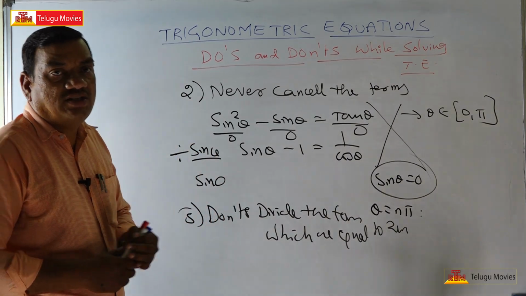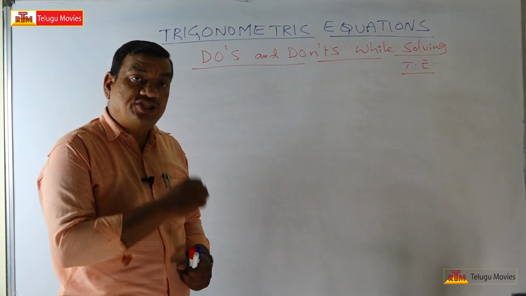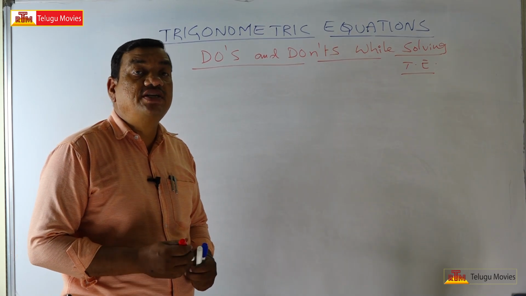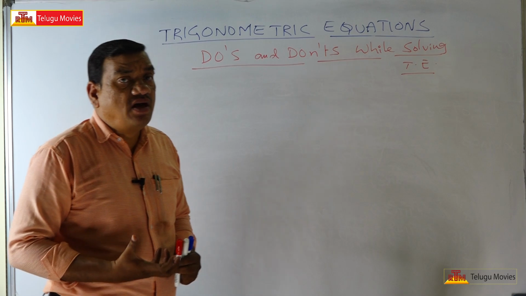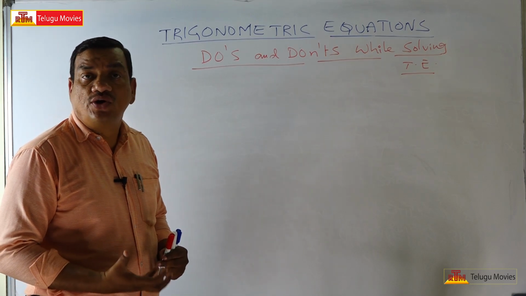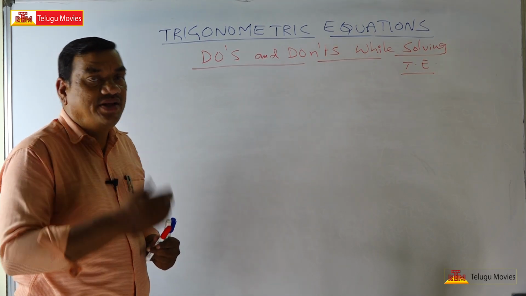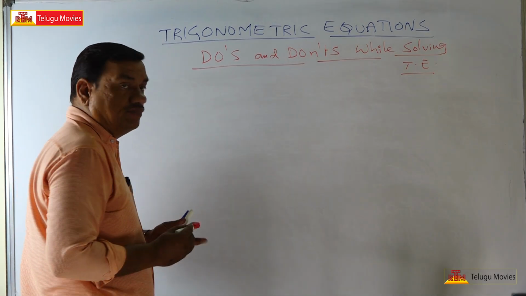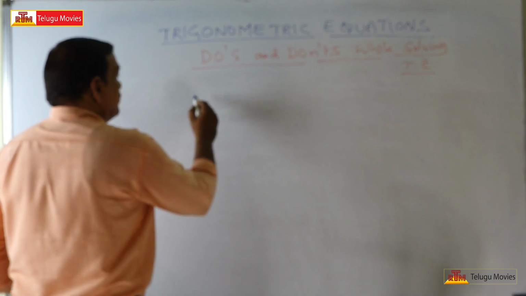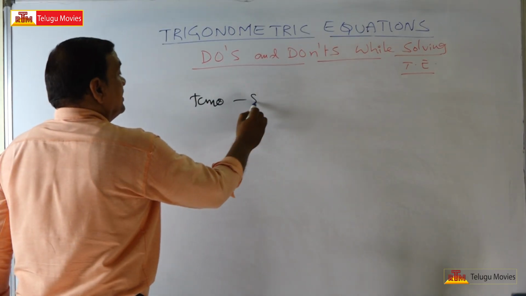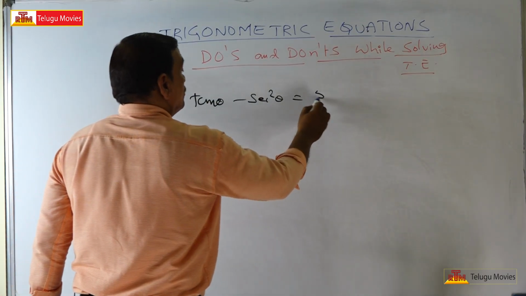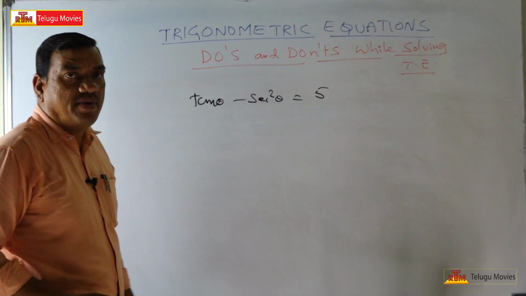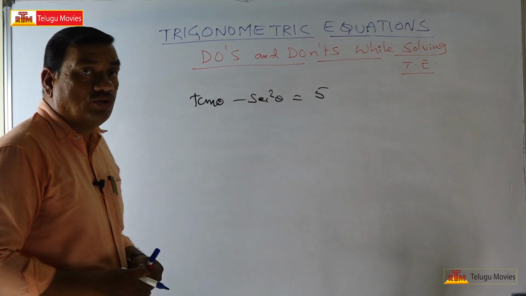The next thing is, dear students, the next precaution is, whatever final answers you are getting, that should be defined. For example, if you get one equation, tan theta minus secant square theta is equal to 5. So this is one type of trigonometric equation. So you have to solve it.